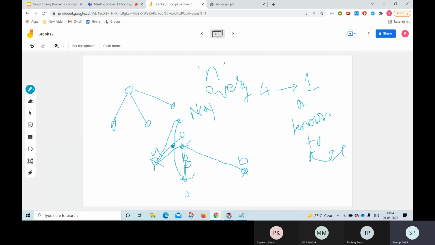Because if we connect them, we have to connect them. Otherwise, we cannot get a vertex which has connections with the other three vertices.